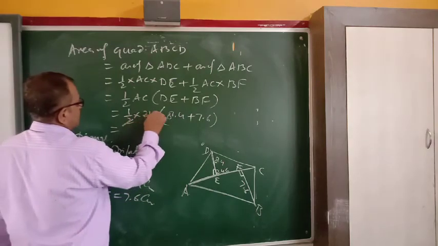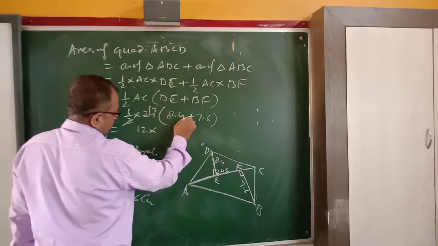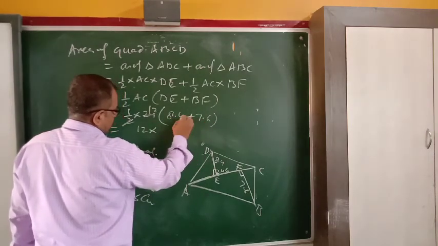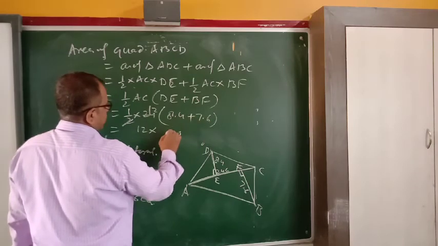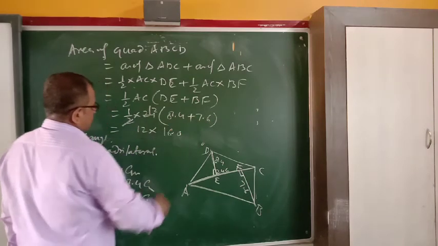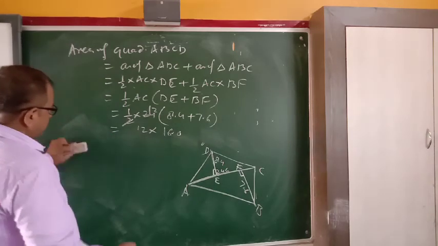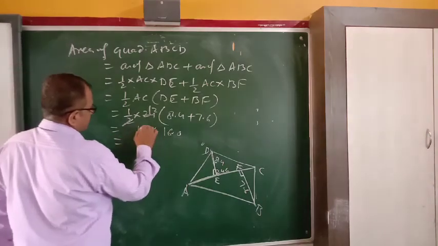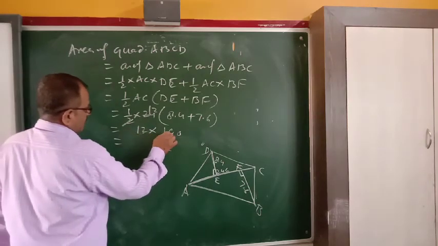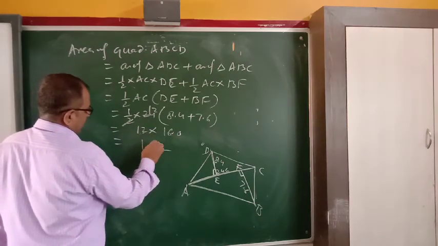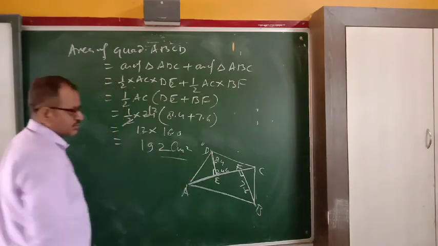We can cancel here: 12 times 8.4 plus 7.6. 6 plus 4, 10, carry 1, 8 plus 7, 15 plus 1, 16. So 12 into 16.0. Multiply it, 12 into 16, 12 sixes are 72, carry 7, 12 ones are 12 and 7, 19. 192 centimeter square.